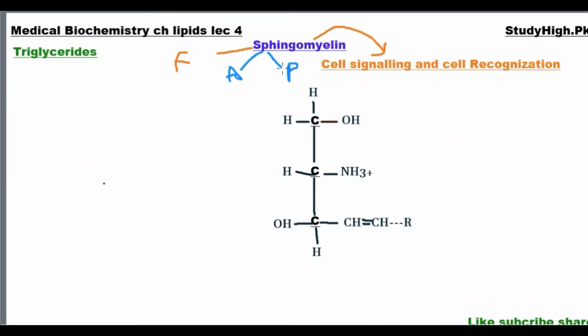The alcohol present in other types of phospholipid is glycerol, whereas the alcohol present in sphingolipids or sphingomyelin, a subtype of sphingolipid, is sphingosine, not glycerol. So the sphingosine and sphingomyelin structure is different from glycerol-containing phospholipid.